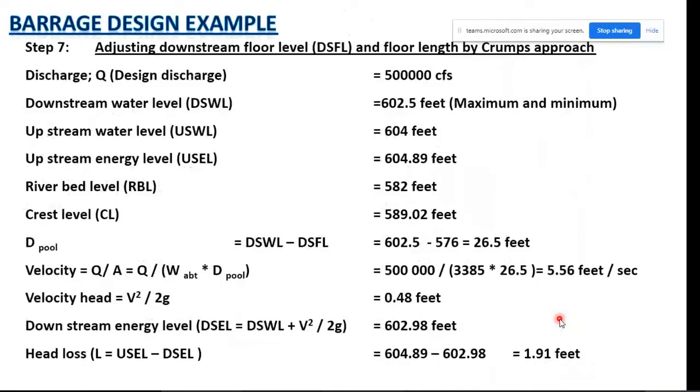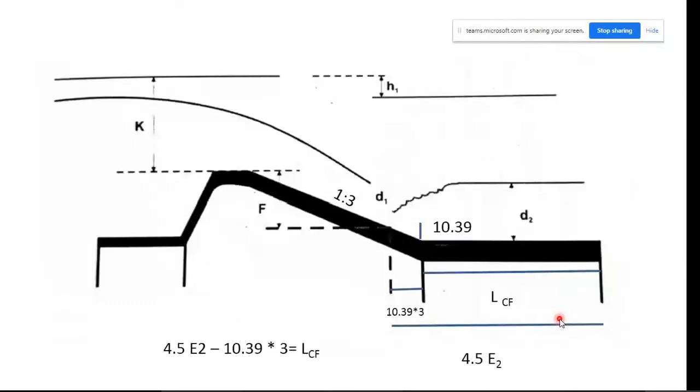For this K plus F over C, K is the specific energy over the weir crest, F is the elevation of the hydraulic jump from the weir crest, and C is critical depth.